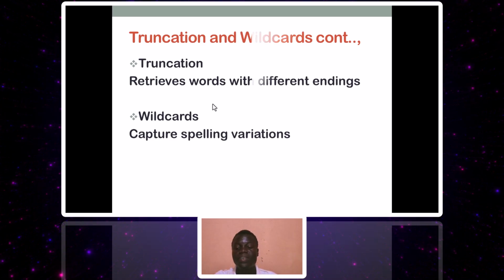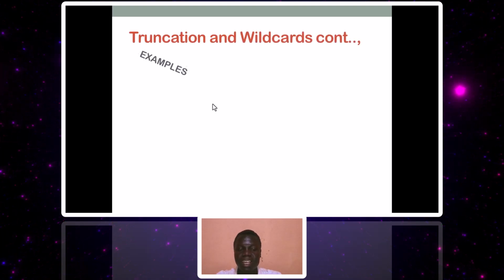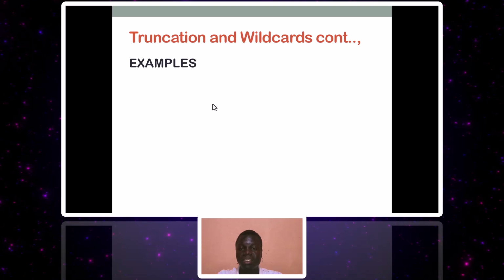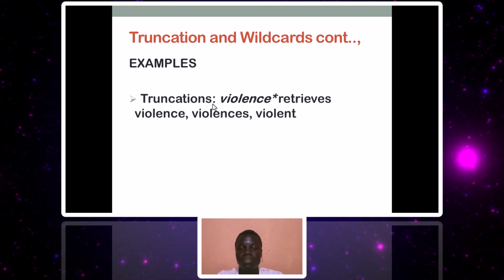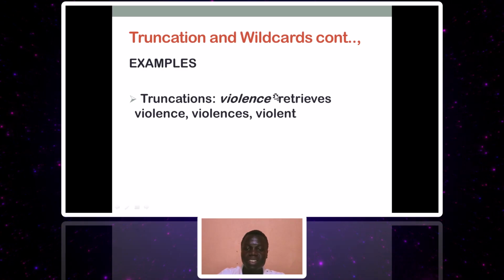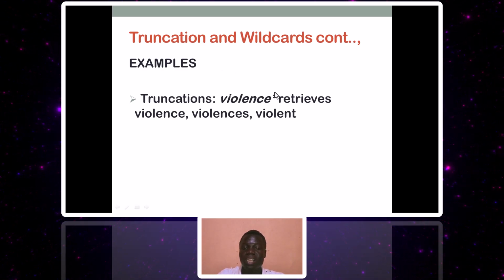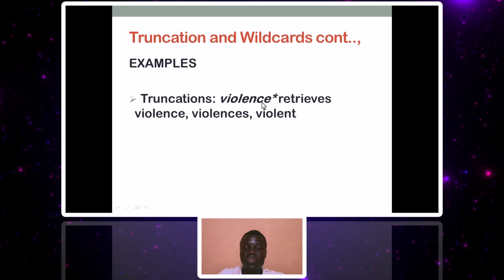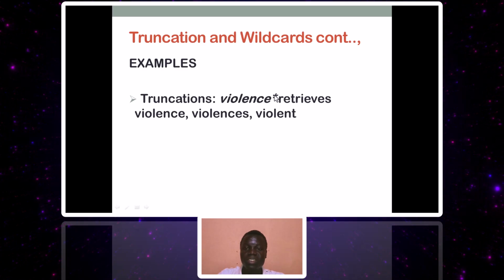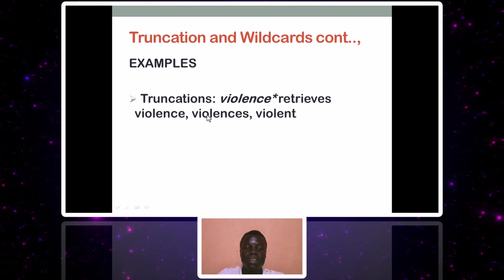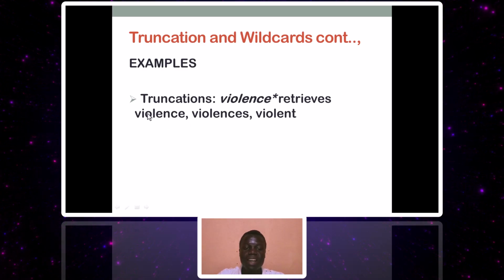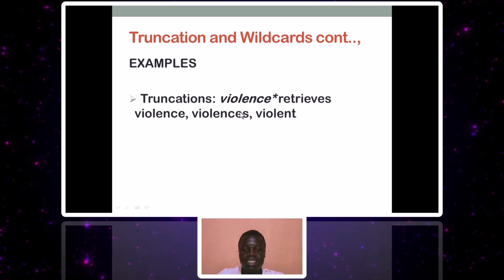Let us briefly look at some basic examples of these. Let us look at a truncation like violen with the asterisk sign. If I just type violen and put on this asterisk sign, it retrieves results like violence, violences, and violent.